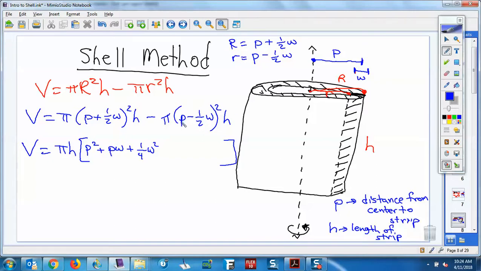So first, minus P squared, inners, outers, negative PW, right? Which would turn to a plus PW, right? But it's negative 1/2 PW, negative 1/2 PW would be negative 1 PW, and then I'm minusing that, so it turned into plus PW.